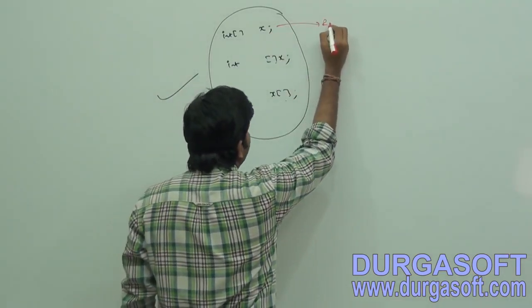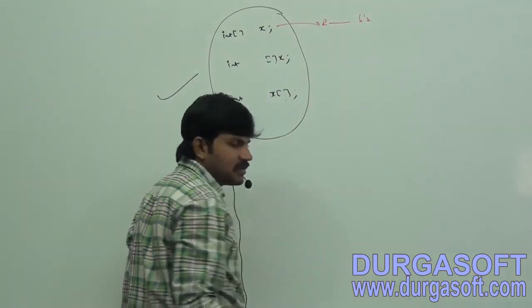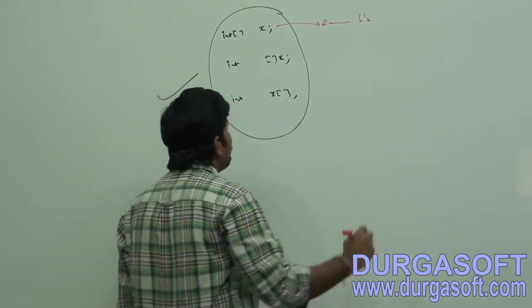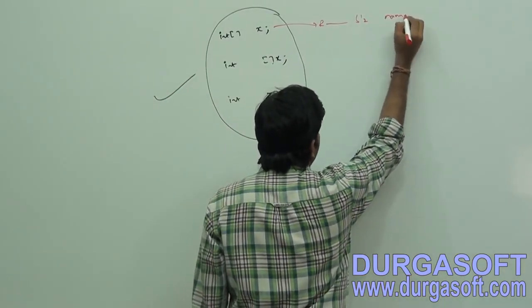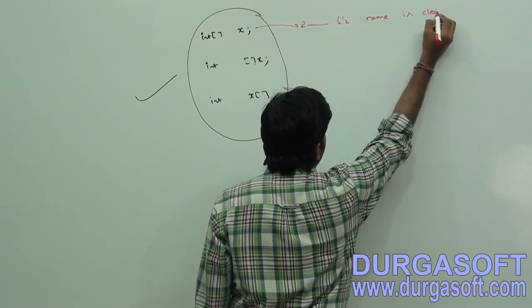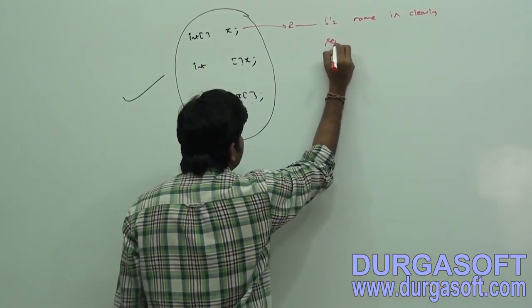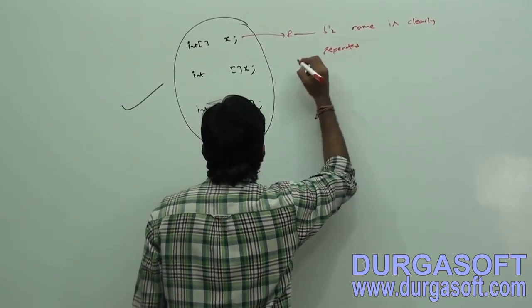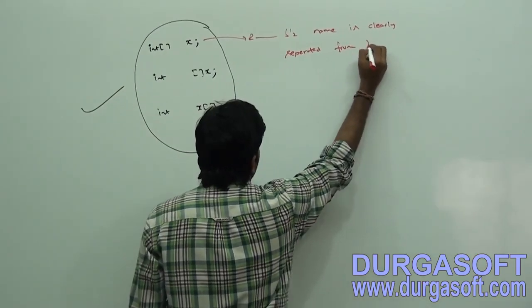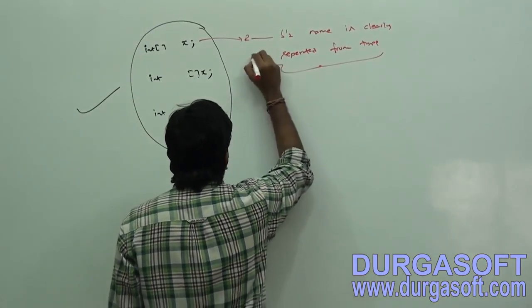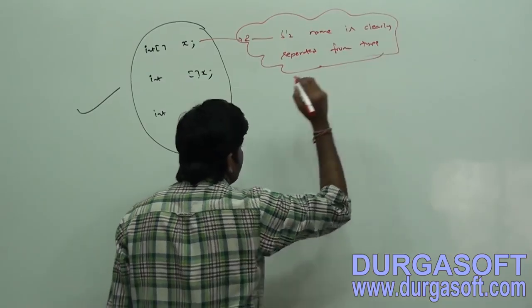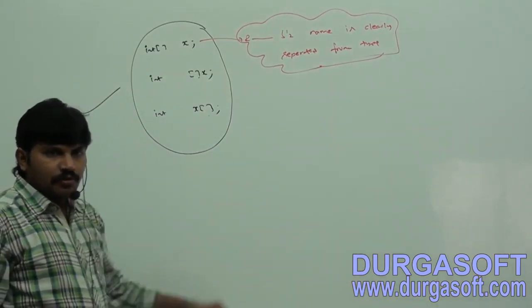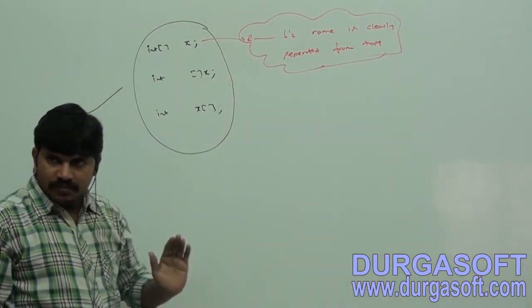This one is recommended because the name is clearly separated from the type. Are you getting it? Name is clearly separated from type. This is what you have to remember. Are you getting the point?